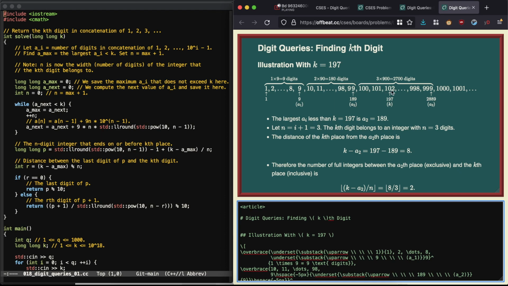So there are 2 extra digits unaccounted for, and that's it. So that would be the solution. We know there are 2 full integers, and there are some digits spilling over here. So 99 plus 2 integers is 101, and then the next integer is 102, and we want the second digit of 102 as the answer. So that's how we'll get the answer 0.